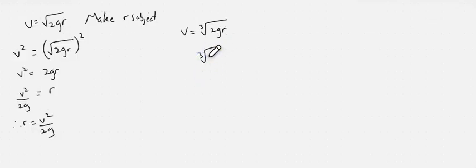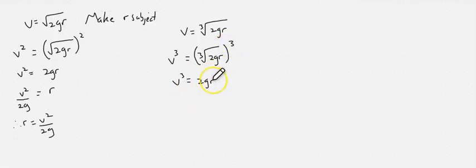So if we have the cube root of 2GR, we simply make sure to use the brackets and cube this expression. And what we do to this side, we also have to do to the left side, so it becomes V cubed. Rewriting, we will get V cubed is equal to 2GR. So we got rid of the cube root sign by cubing.